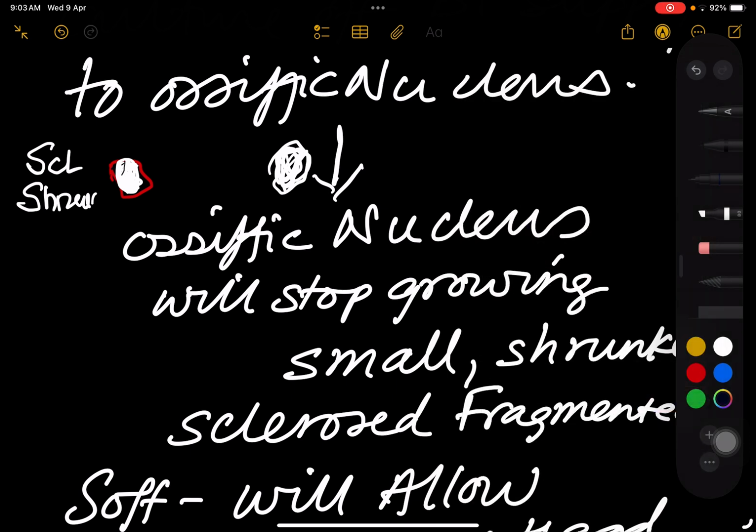So it will fragment like this. And then it will soften. So it will become sclerosed, shrunken, fragmented, and soft.